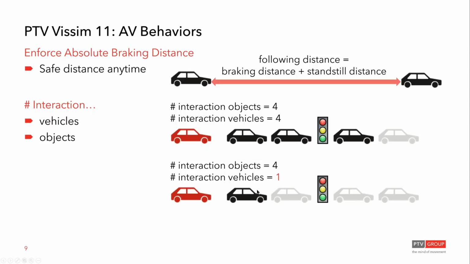Then it only sees one vehicle, but because interaction objects is 4, it can still see other objects which are behind or further downstream. Meaning this vehicle can react to the leading vehicle, but maybe because of connectivity it can also get the information from the signal in order to react to it.